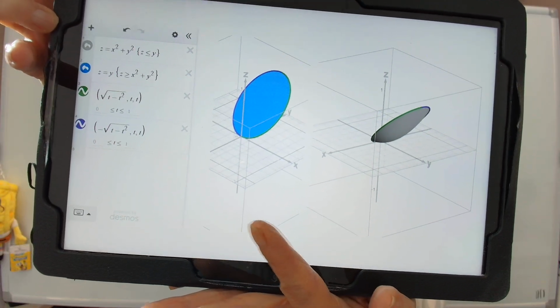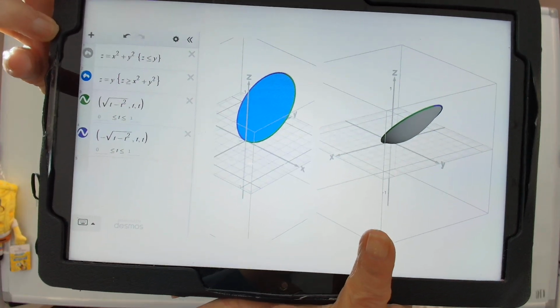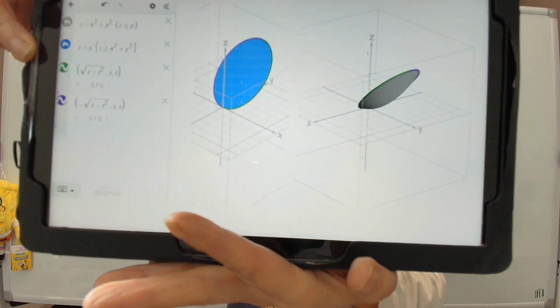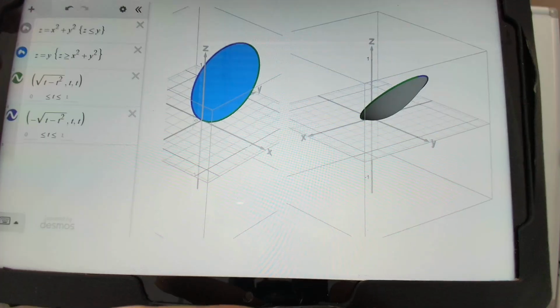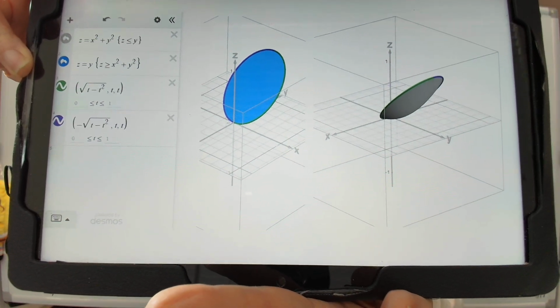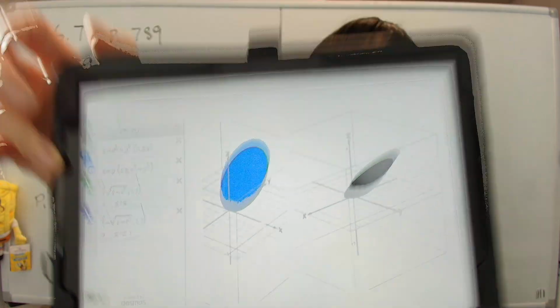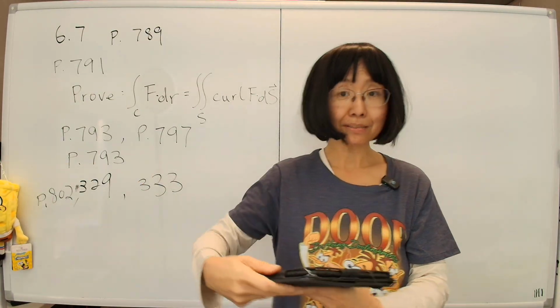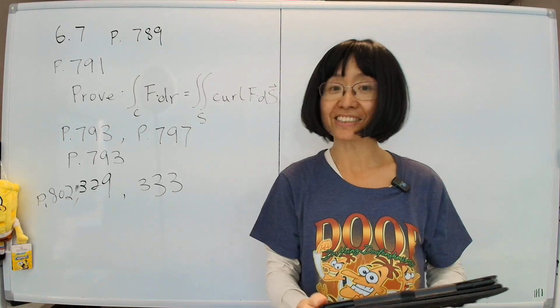So this is one angle, and this is the back end, turned clear around to the other side. And then the circle is made of two curves. I don't know if you can see it, one's green and one's purple, but those are the positive and negative curves. And you notice it just goes clear around the border very nicely. So please plot this in Desmos if you want to see what it looks like.